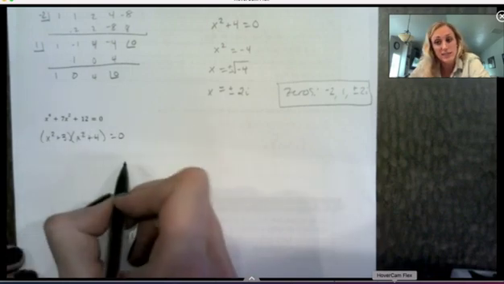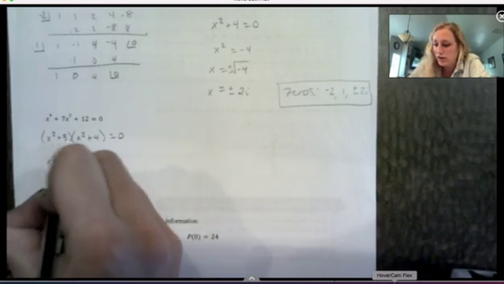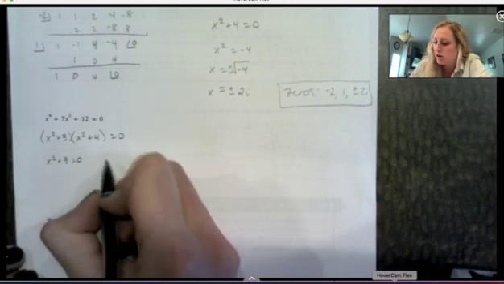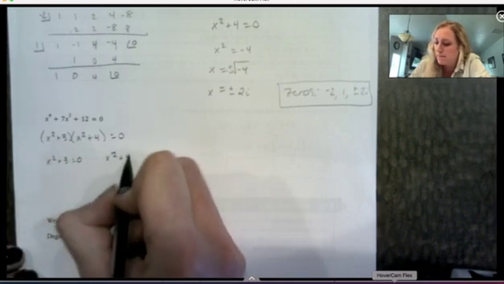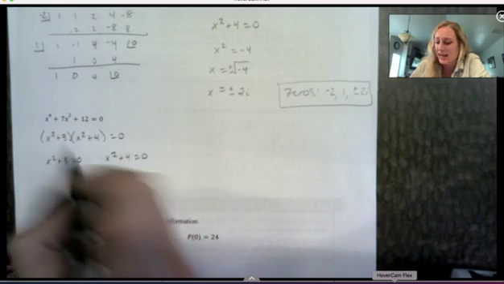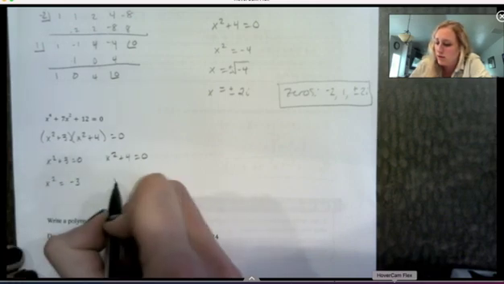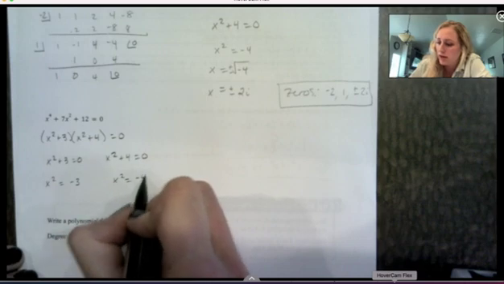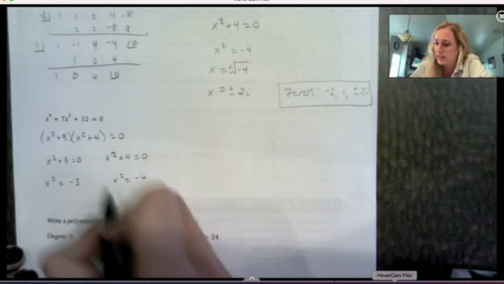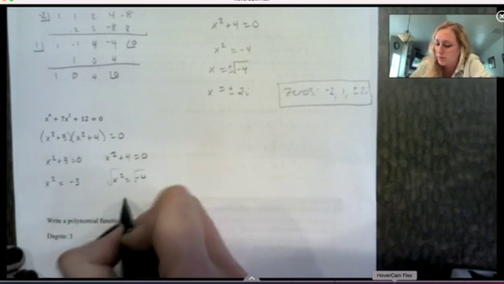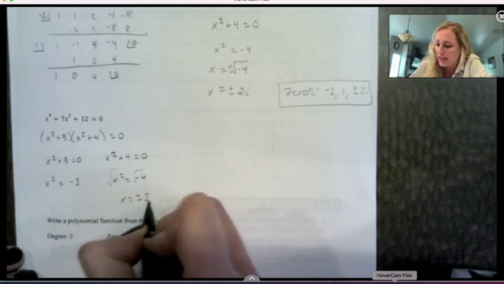All right, so now once it's factored, we set each factor equal to 0 and solve. So again, I'm going to get negative numbers here. Well, we saw this one already, x squared equals negative 4. When I take the square root, I get x equals plus or minus 2i.